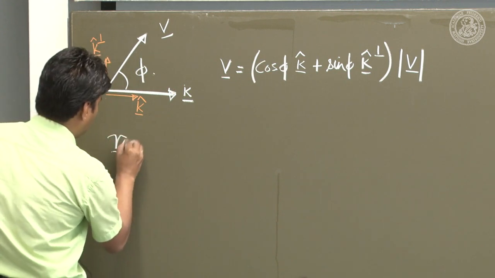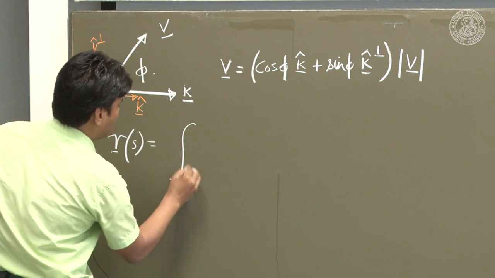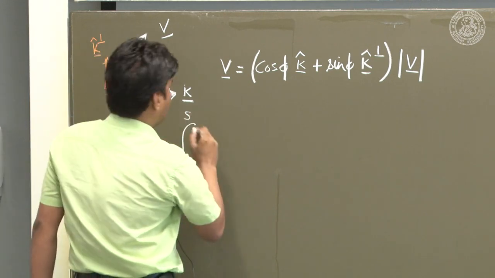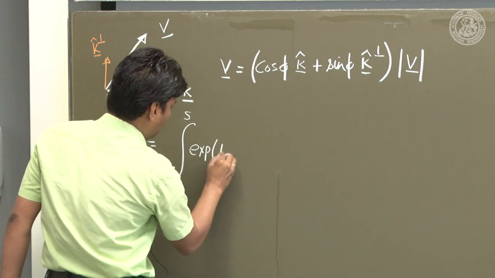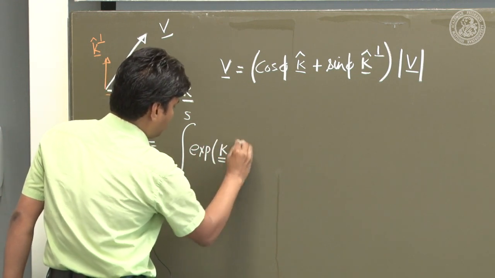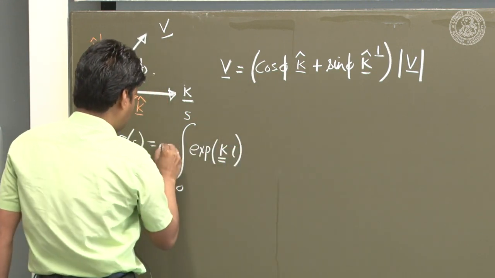So, little r of S is then 0 to S exponential of K L times this formula.